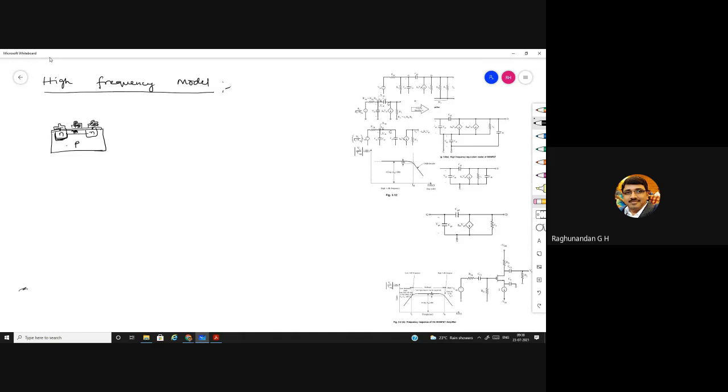Again, when you are going to consider the gate terminal, there also you will be giving the opposite polarity, as you know, to attract the electrons, to have more number of electrons, or in order to have the enhanced mode.